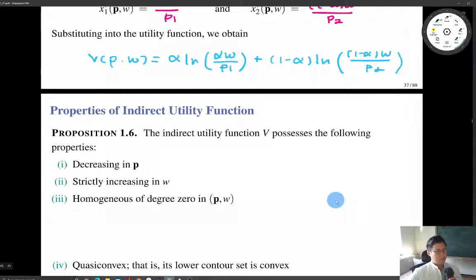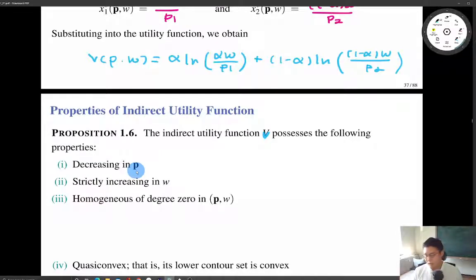All right, and then finally, we have some properties of this indirect utility function. The function v, it's a typo, it should be small v. Function v is decreasing in price. That's quite intuitive, right? There's nothing to prove. In case of inflation, if the price rises, the consumer naturally becomes worse off.